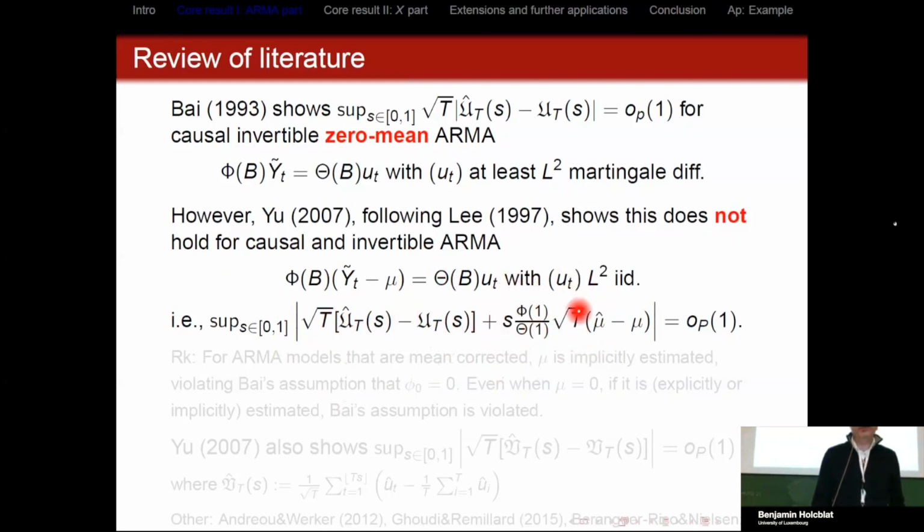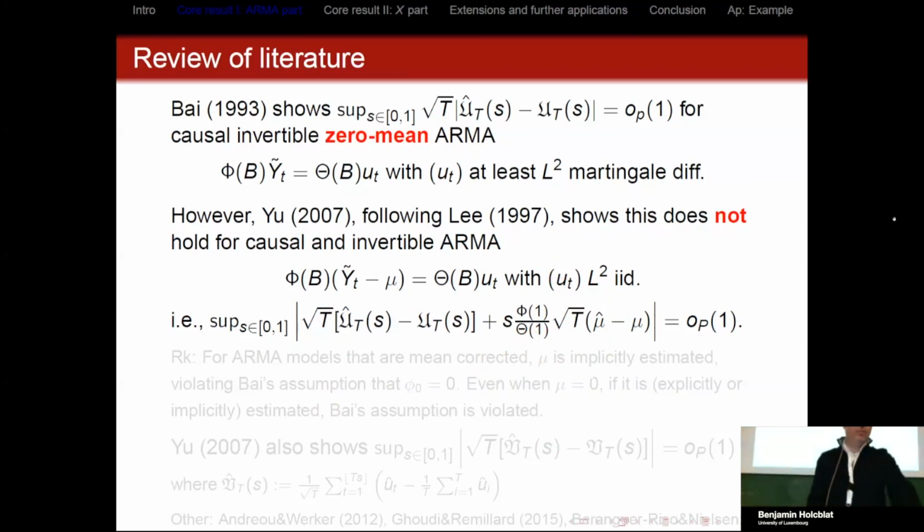You have a gap, and they characterize the gap in this way. And please bear in mind that even if your ARMA is zero mean, but you don't know that the mean is zero, you will have this problem.